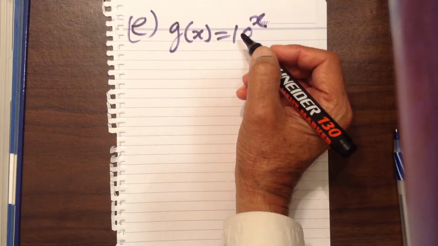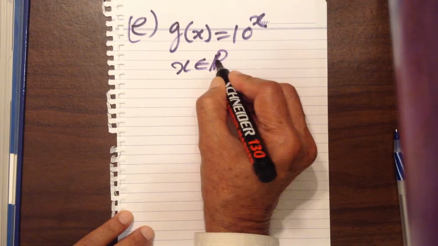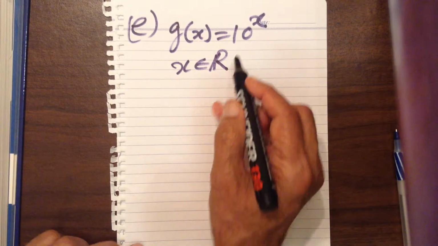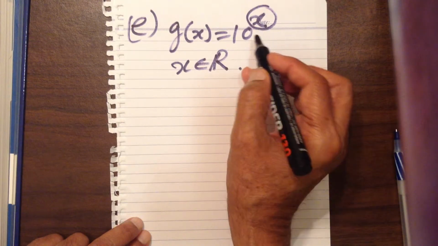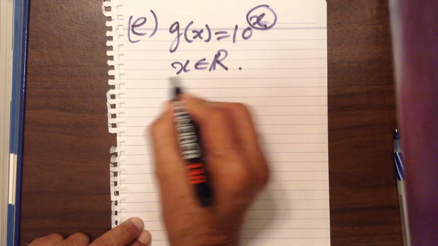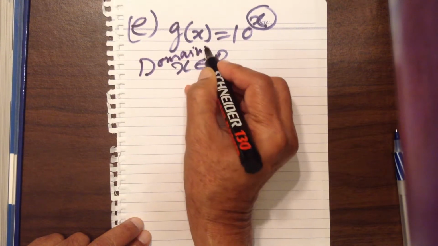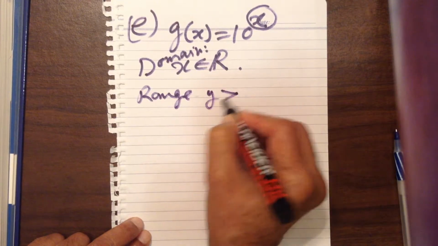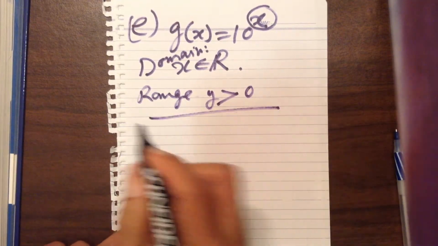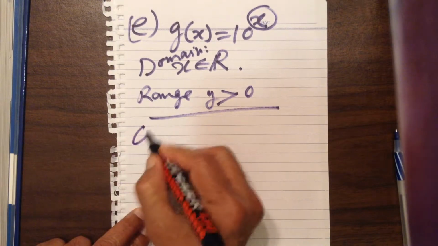Of course, x can be given any real value, so x belongs to the set of real numbers, but whatever value we give to x, 10 to the power x is not going to be 0 or negative. So this is the domain. The range would be y greater than 0. This is the E part.